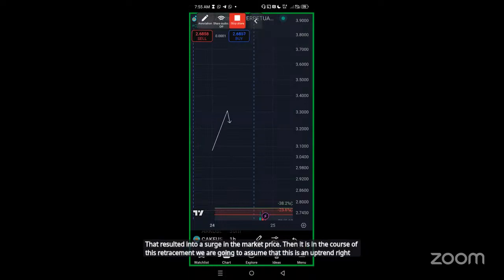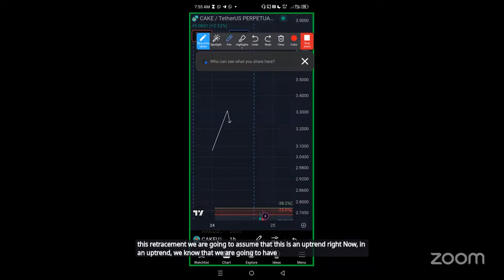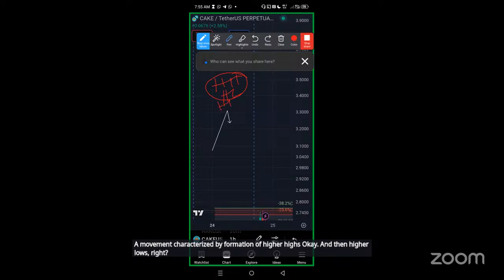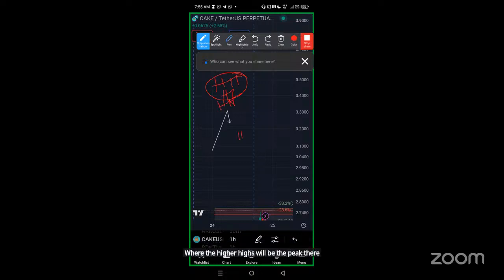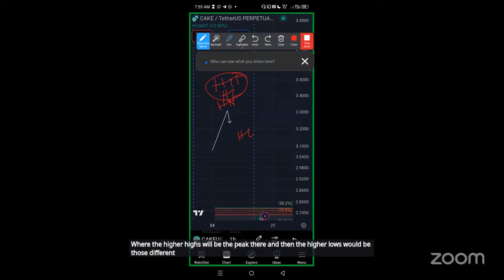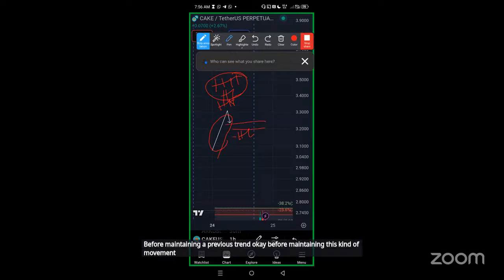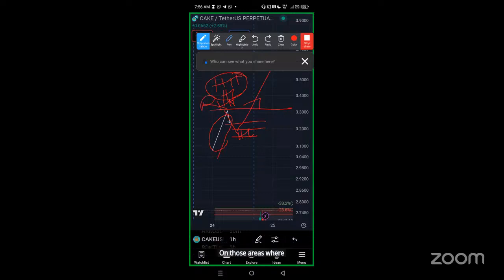Now, in an uptrend, we know that we are going to have a movement characterized by the formation of higher highs, okay, and then higher lows, right? Where the higher highs will be the peaks, and then the higher lows would be those different price levels where the price will be pulling back to before maintaining the previous trend, before breaking structure on those areas where it previously encountered a rejection.